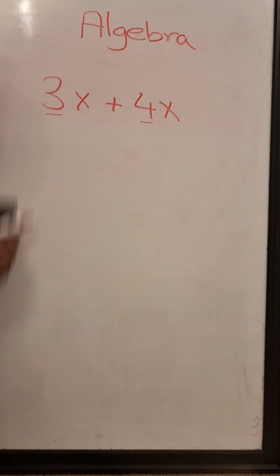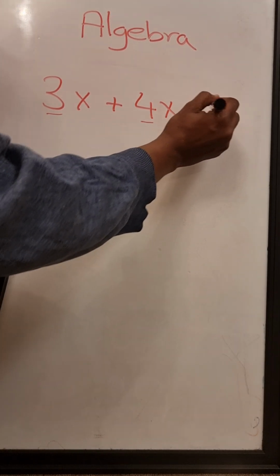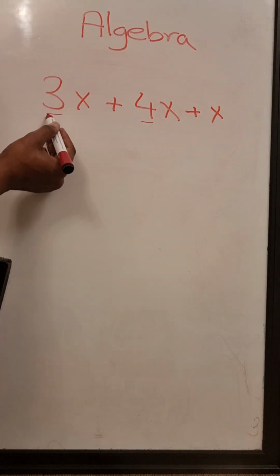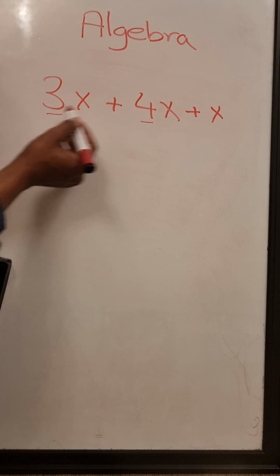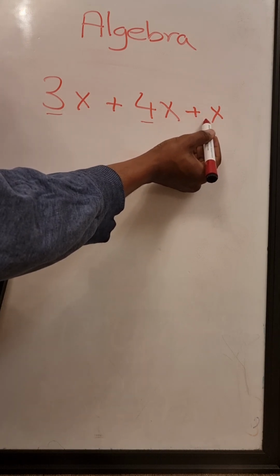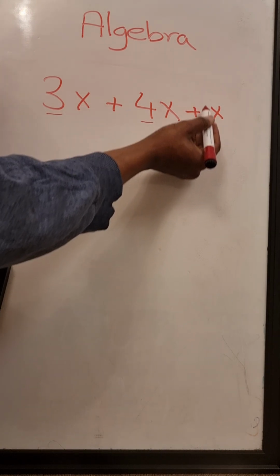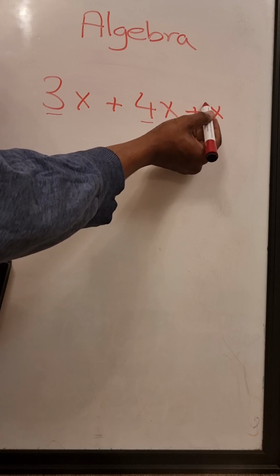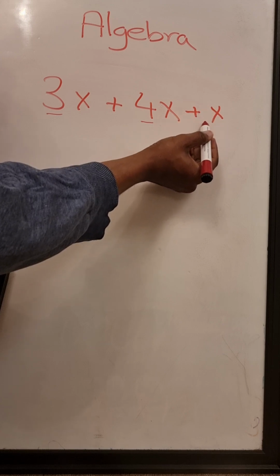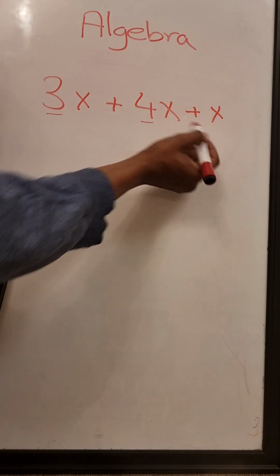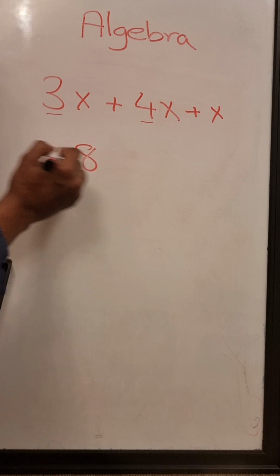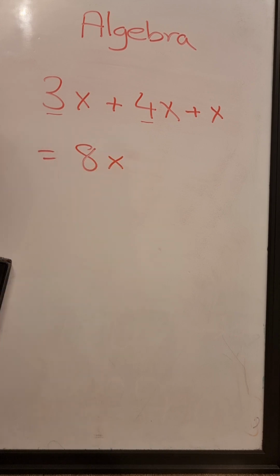And if I'm having 3x plus 4x plus x, that means 3 plus 4 plus 1. Even if I didn't write it, we know that we have 1 here, which is not written. So 3 plus 4 is 7, plus 1 is 8. In that case, the answer would be 8x.